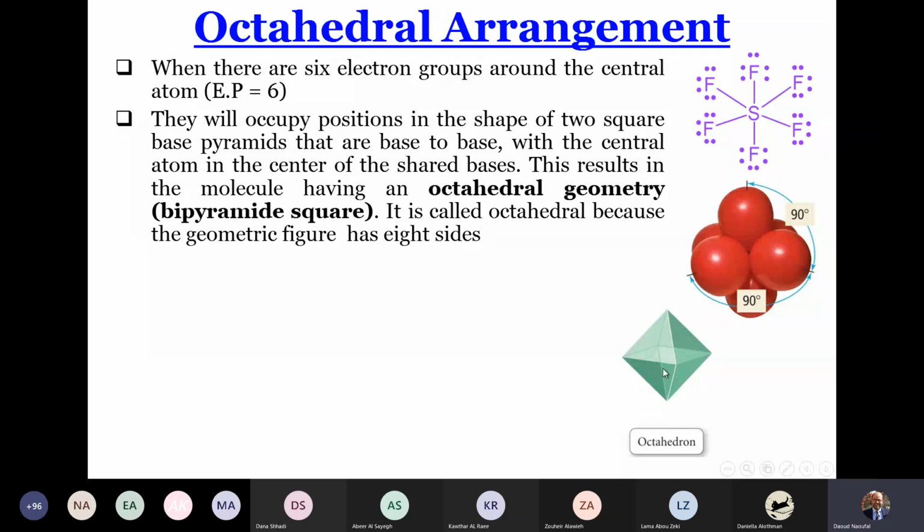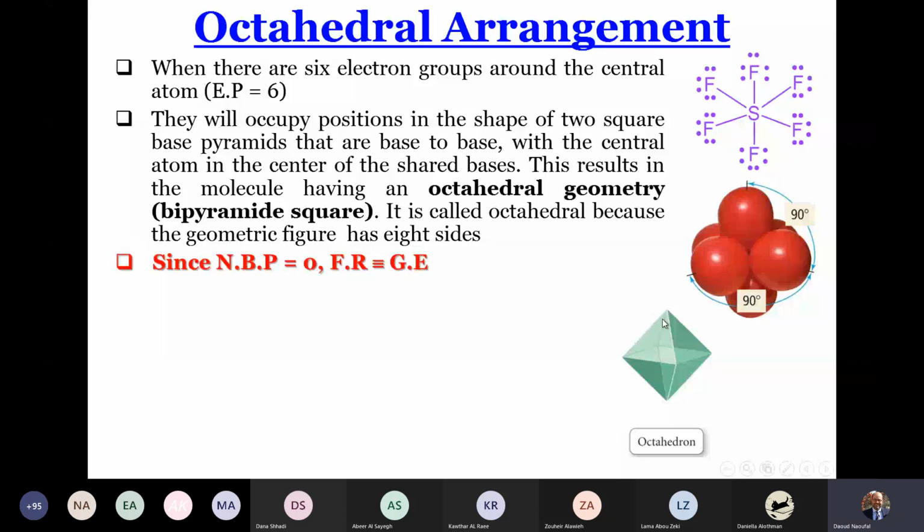We have 2 pyramids, bipyramid, and the basis is square. So octahedral structure or square bipyramid. So this is the figure of repulsion. And since we don't have non-bonding pairs around the central atom, the figure of repulsion is the geometry, and the geometry is octahedral.